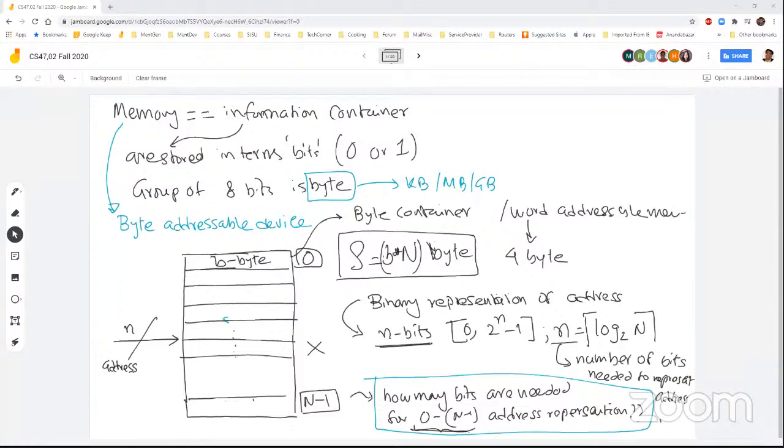One is this, and another is this, which practically also tells N equals 2 to the power n. Now, in a problem, you may be given some of these parameters as known and asked to find an unknown parameter.